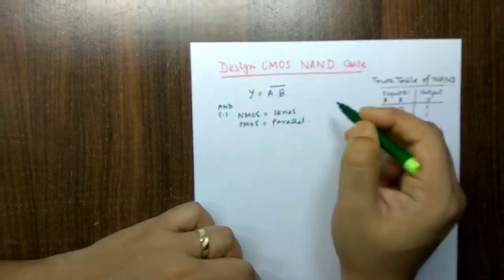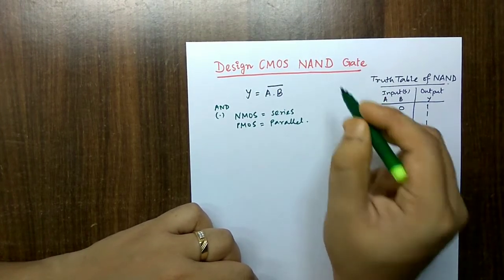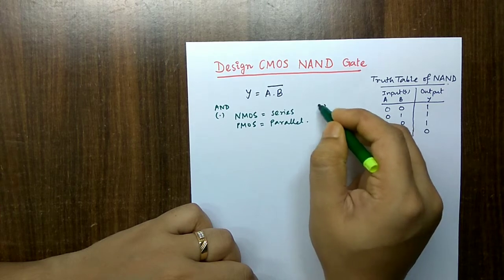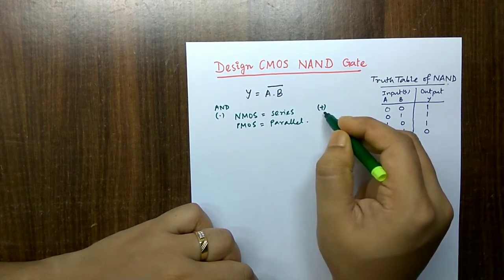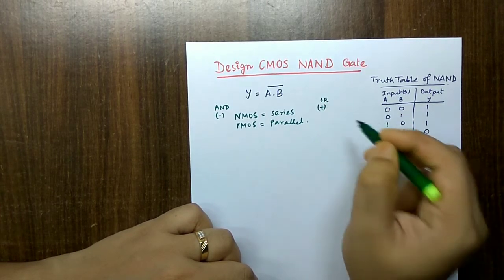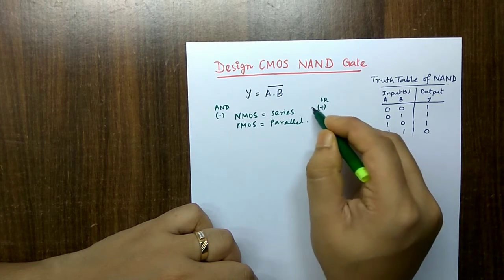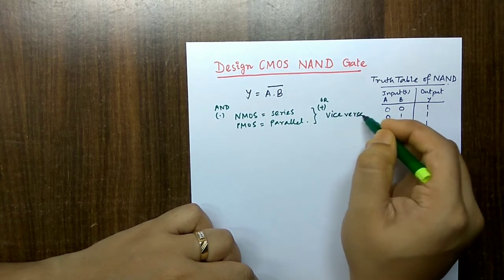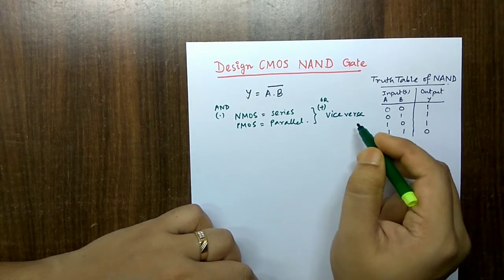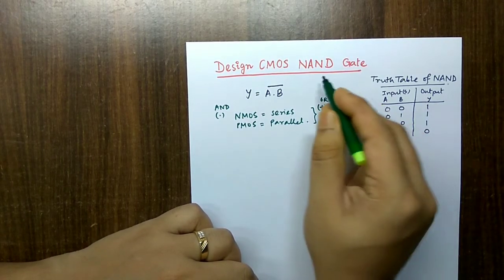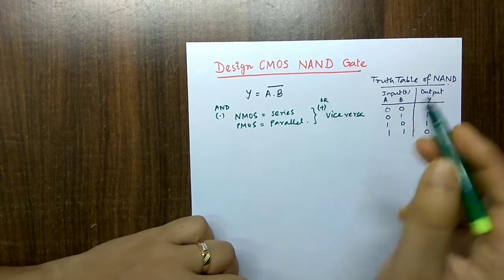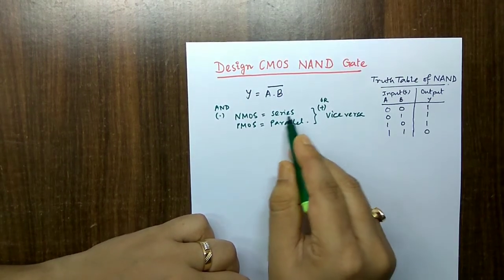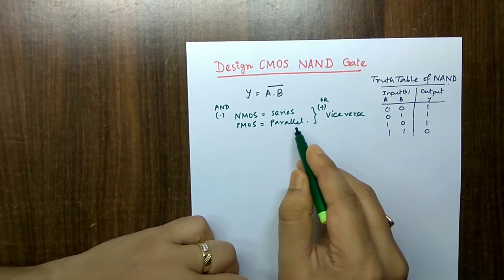Similarly, if it were a NOR gate, that is an OR operation, the whole principle of connection will be vice versa. But let us talk about only the NAND gate today. So NMOSes are to be connected in series and PMOSes in parallel.